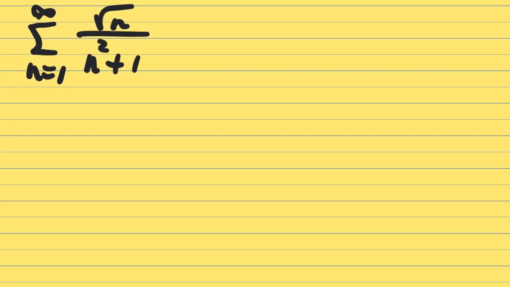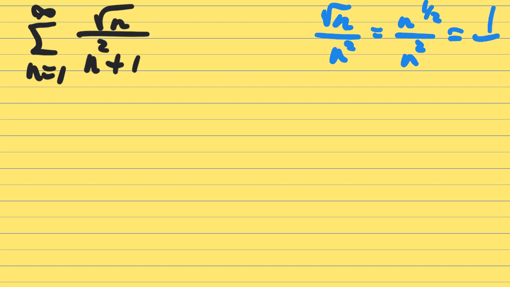Okay, so we've got the series from 1 to infinity of square root of n over n squared plus 1. If you look at the dominant terms from this original series, you have square root of n over n squared, which is 1 over n to the 3 halves as your power.